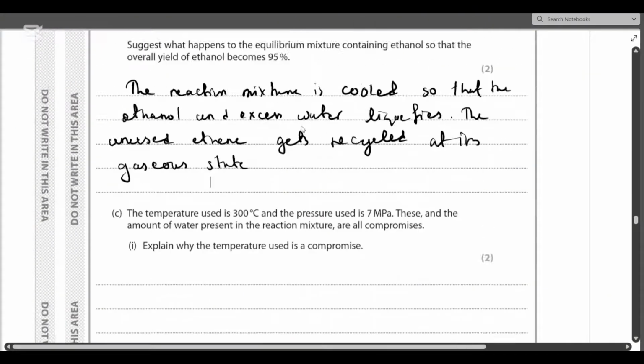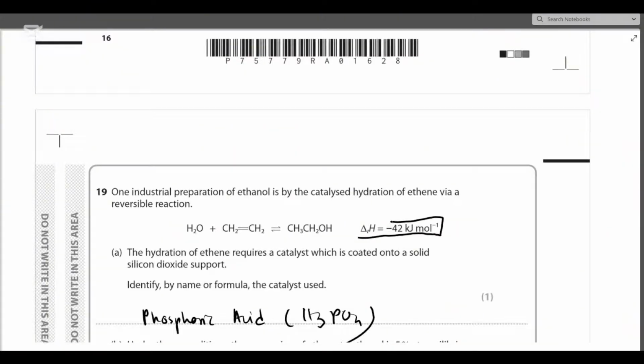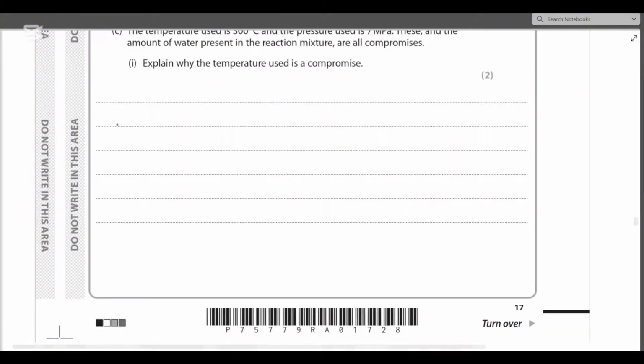Well, first of all, the forward reaction, as provided using the value right here, is exothermic, right? So it's favored by a low temperature because at lower temperature the equilibrium shifts towards the right, giving us a better yield. But the lower temperature also results in a rate of reaction which is too slow to be economically viable. Hence, we can say the temperature used is a compromise.